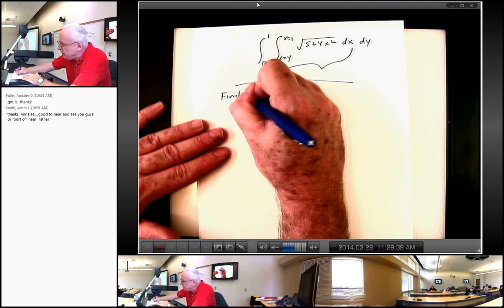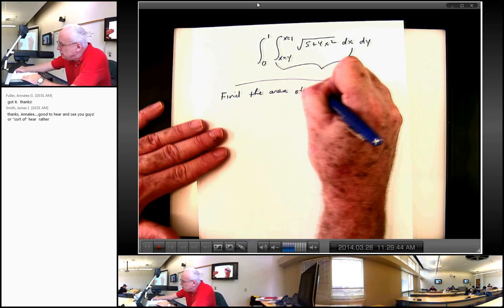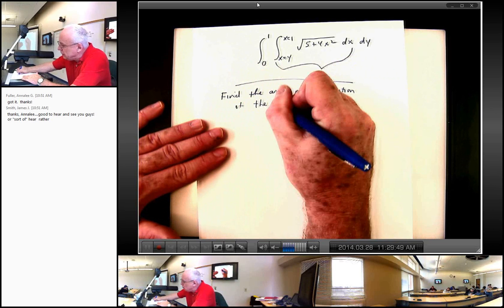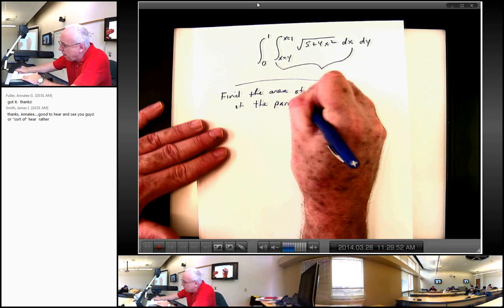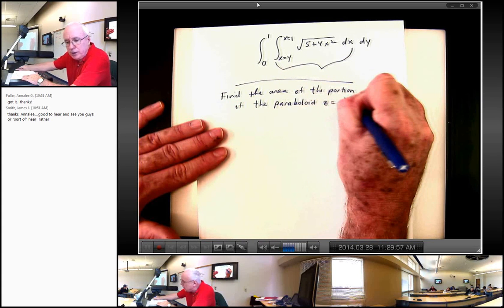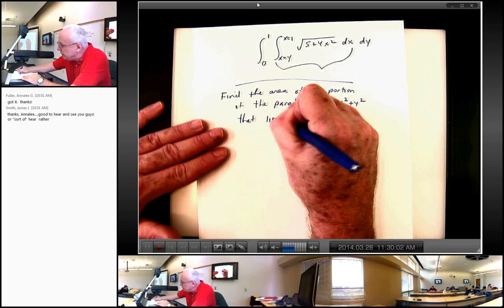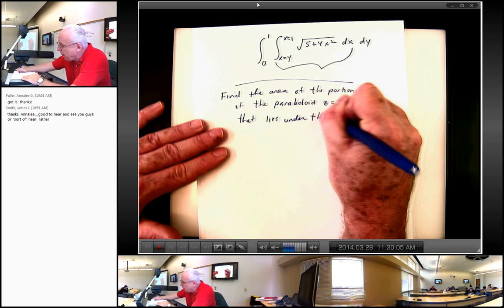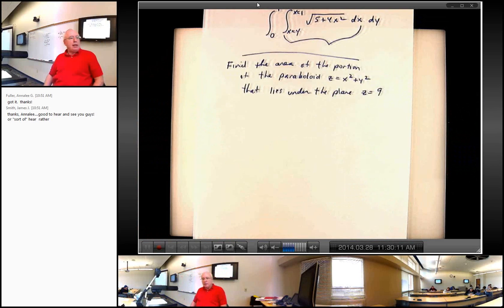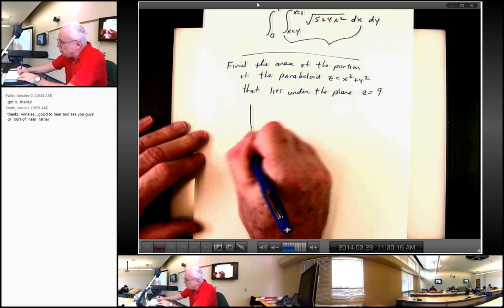Find the area of the portion of the paraboloid given by z equals x squared plus y squared that lies under the plane z equals 9. All right, so this one we can draw a diagram for, and it won't look too horrible.